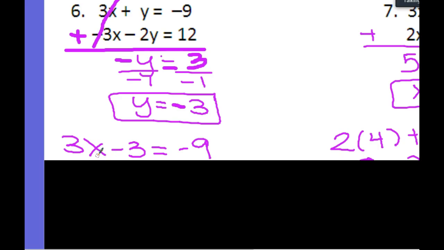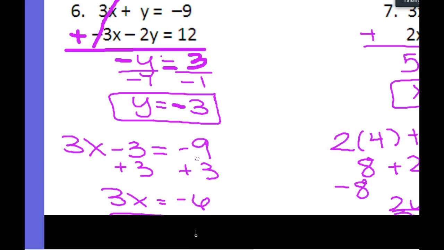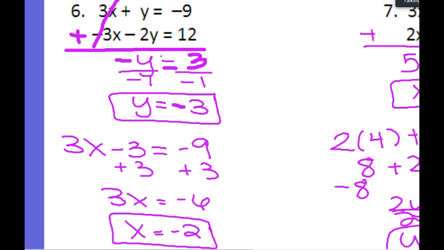So I got 3x minus 3 equals negative 9. Now I'm going to simplify by combining like terms and solve for x using the y I found. So you get 3x equals negative 6, or x equals negative 2. So I get x equals negative 2.